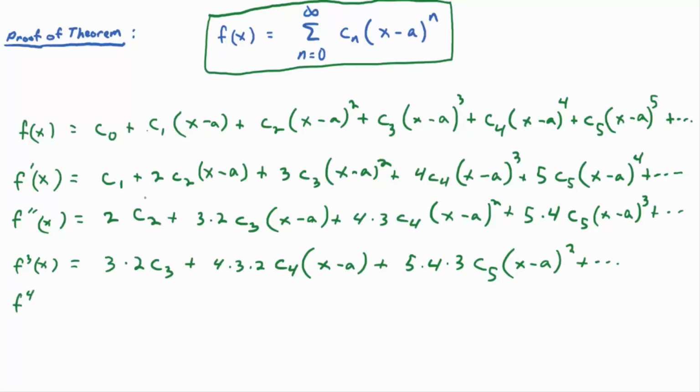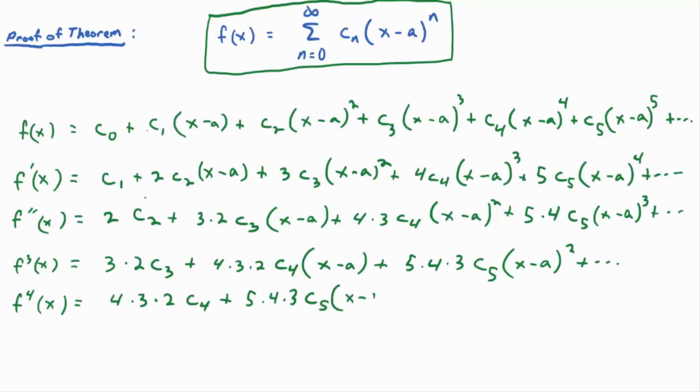Fourth derivative, evaluated at x, what do we get? So this guy's gone, right? 3 times 2 times c3 is a constant, gone, and we're left with 4 times 3 times 2 times just c4. And then what's left, plus 5 times 4 times 3 times 2, c5 (x minus a).